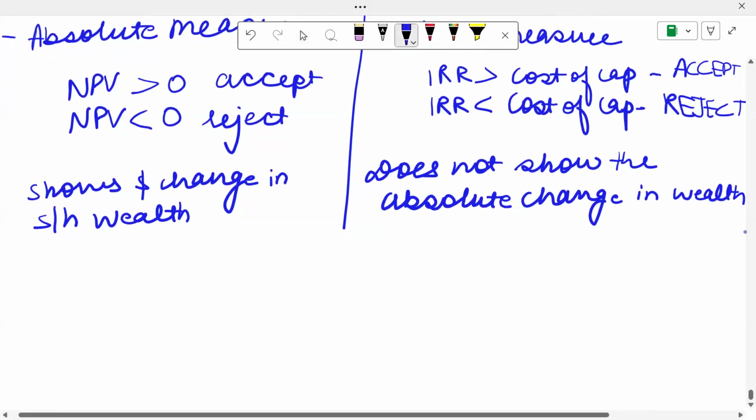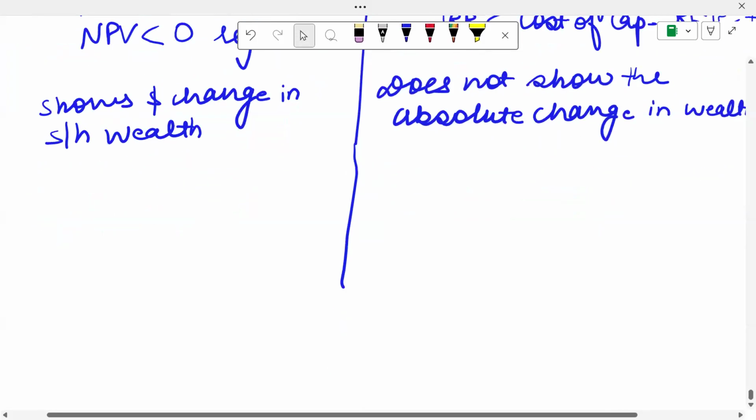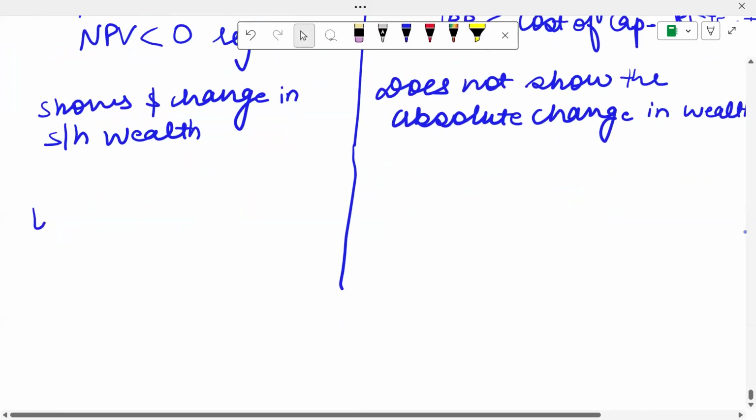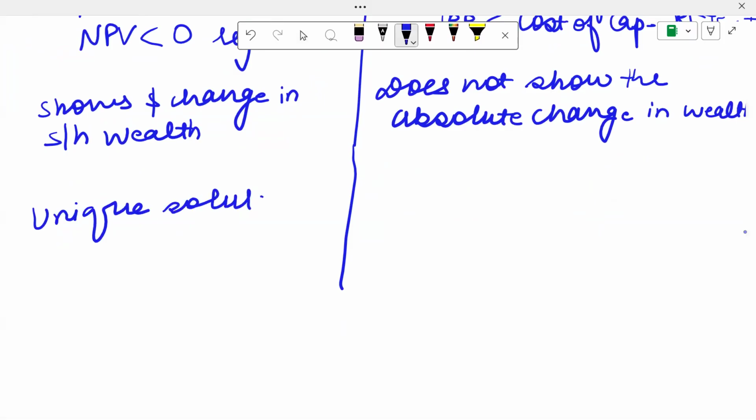Another basis for comparison is about the number of solutions. So NPV is also always going to give you a unique solution. There's only going to be one NPV at one discount rate. But when it comes to IRR, it may result in multiple solutions.